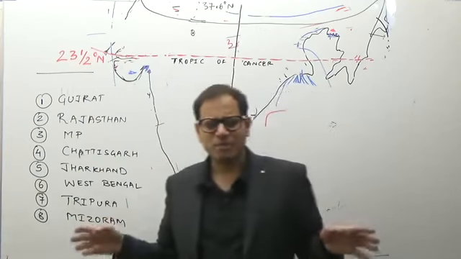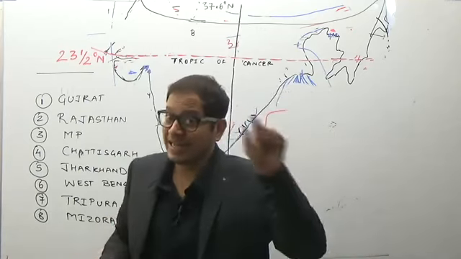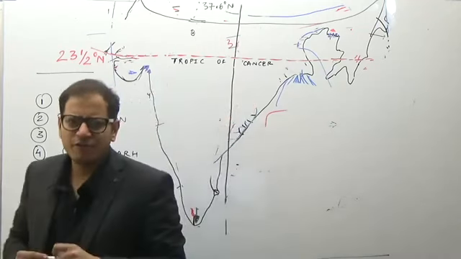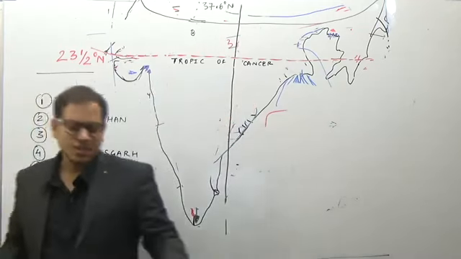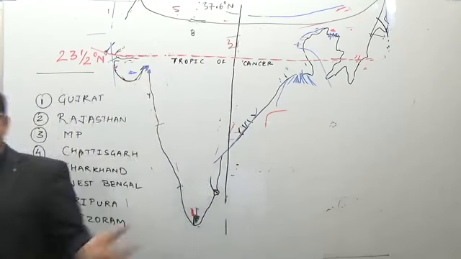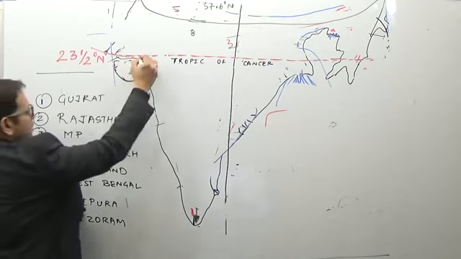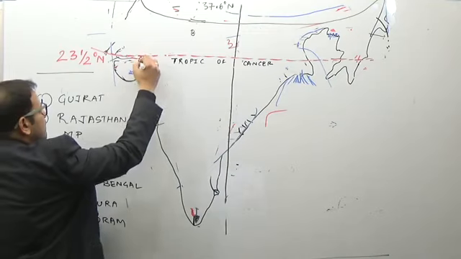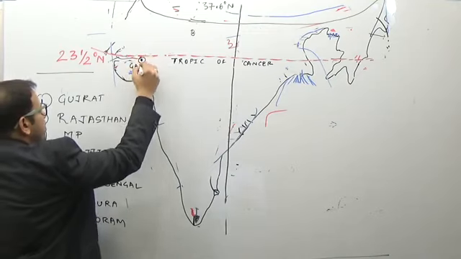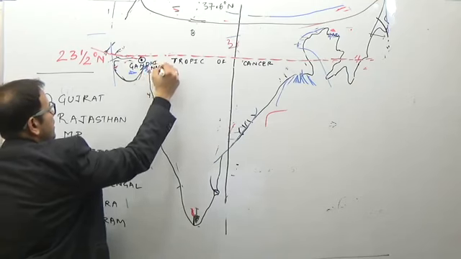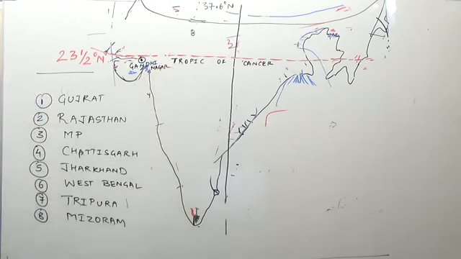Now, should we stop here? No. Look again at your atlas and tell me what are the capital cities of the states which are near to the Tropic of Cancer or which are exactly on the Tropic of Cancer. The first capital city, we will start from the west, is Gandhinagar. Gandhinagar is the capital of Gujarat.